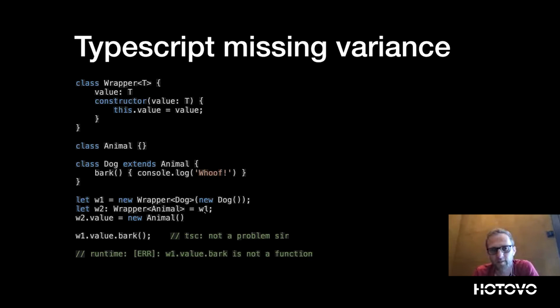But mind that W1 and WT are references to the same object. So if I take the W1 value, W1 is a wrapper of dog. I pull out the value, it's supposed to be a dog, but it's really not a dog, it's an animal. And here the TypeScript compiler can't see a problem. But if I run this example, it fails at runtime, it throws.